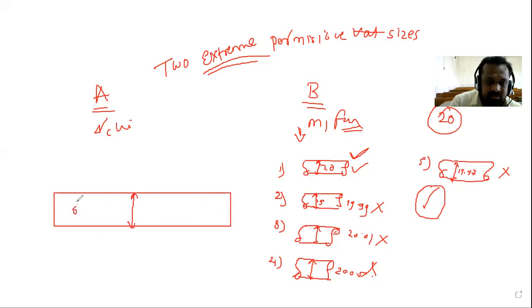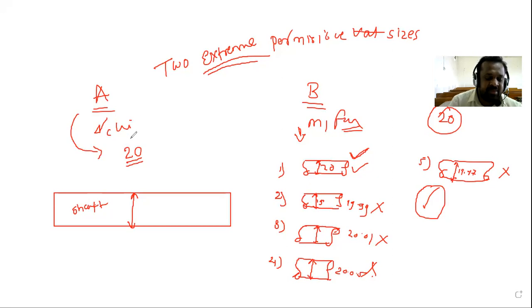Right now the dimension of that shaft will be like this. Suppose 20. But that exact 20 is not possible to produce every time. So that A person has given two extreme permissible sizes to this size.